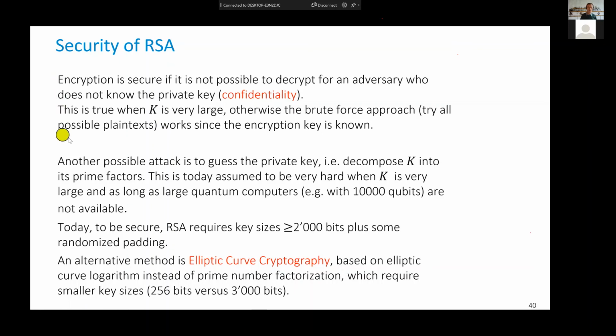So the security of RSA is today based on the impossibility to factor a large integer into its prime factors. But it's true only if the key is at least 2000 bits here. It requires also a few other things that we will discuss.